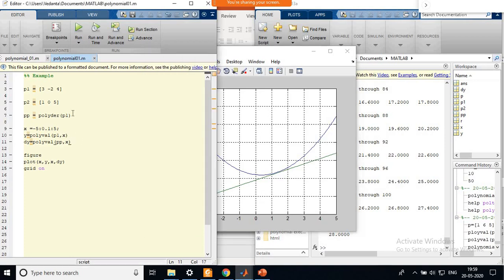Similarly, if you have two polynomials like this and you want to multiply them, and take a derivative of it, I can have p1 and p2, I will provide the input, and then I will have one more, z is equal to polyval of p2, so I'll write p2, x.